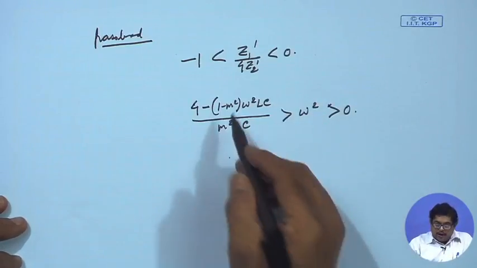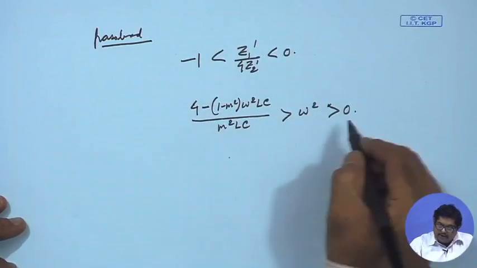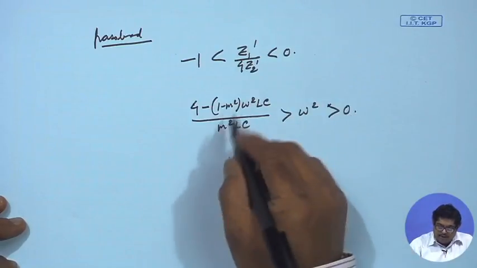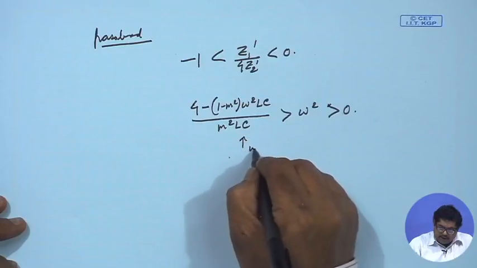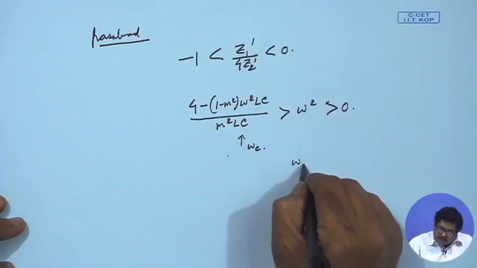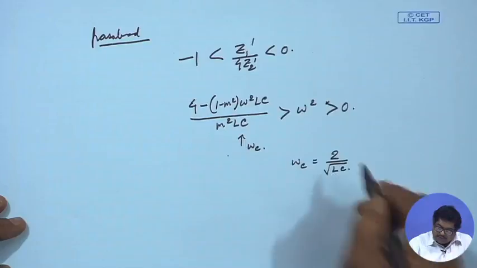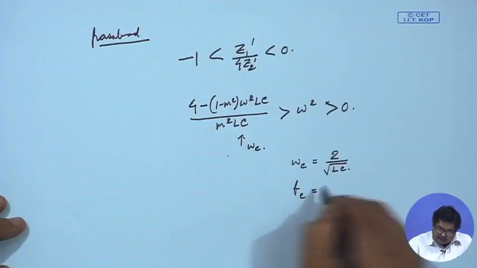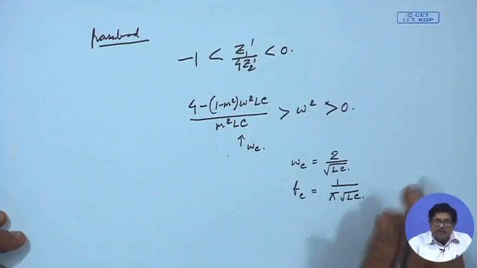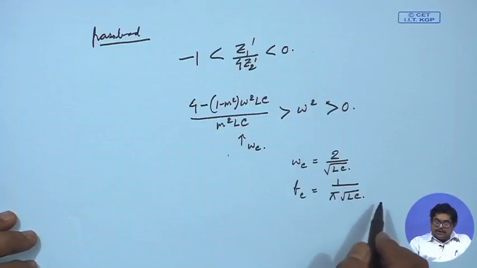So the passband extends from omega equal to 0 to omega equal to this value, which we can call omega c. Then we can solve for that, and that will turn out to be omega c equal to 2 by root over LC, or the cutoff frequency f c is 1 by pi root over LC. So, you see that for the m-derived section also the cutoff frequency is the same.